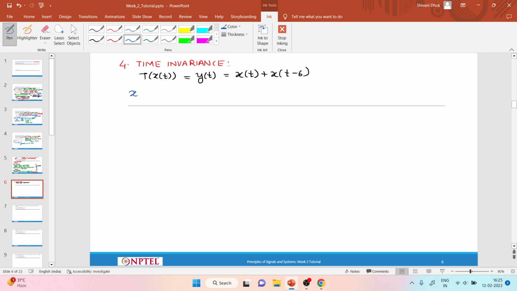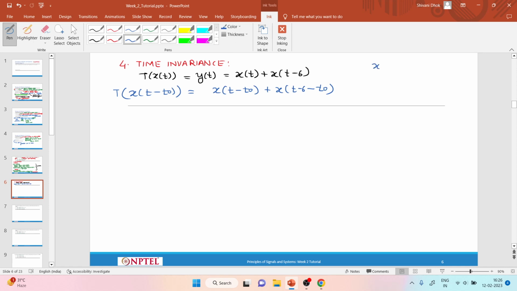Let us see what is the output of x of t minus t naught. This means that we are just shifting the input, so t naught has to be subtracted in the argument of the input, that is, it will be x of t minus t naught plus x of t minus t naught minus 6. This means that we are shifting the input.